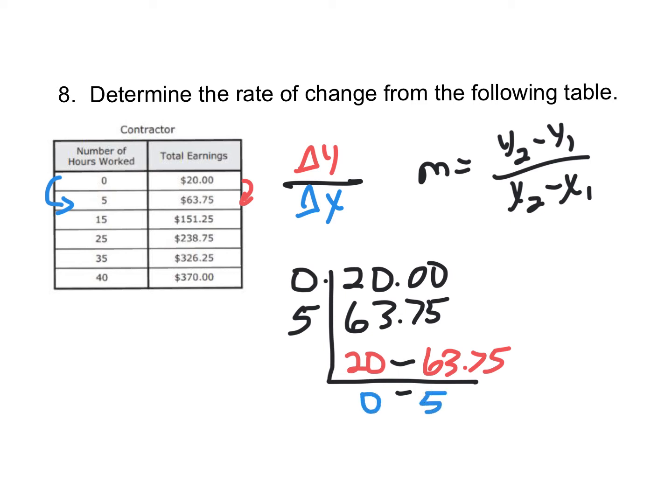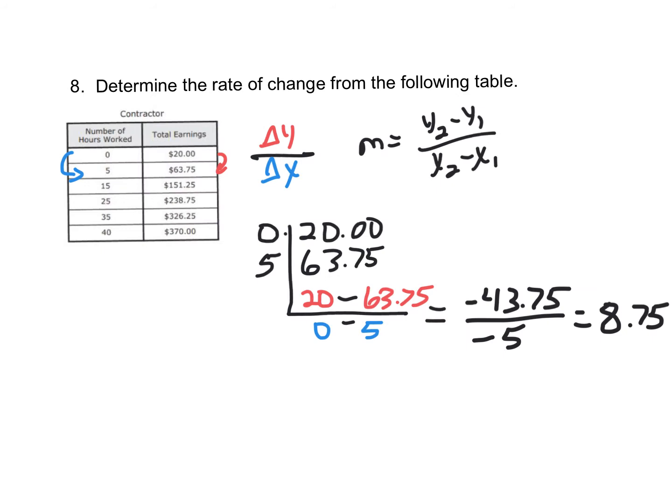It might be best to plug that into the calculator, but when you do so, you get negative 43.75 over negative 5, and of course a negative divided by a negative is positive, and you get 8.75.